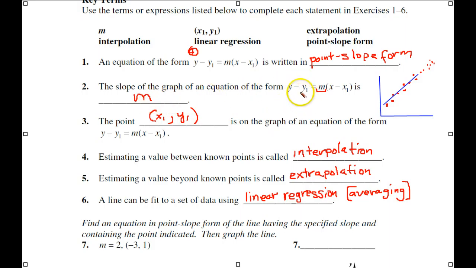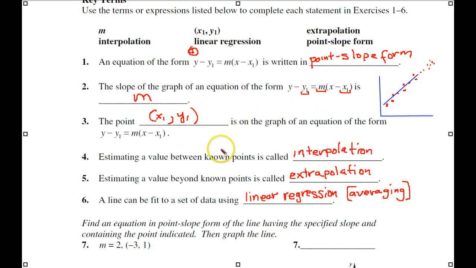And this y sub 1 and x sub 1 is the point that we know. So we know the point, at least one point, and we know the slope. We put it in this equation, and we can get an equation out of it.